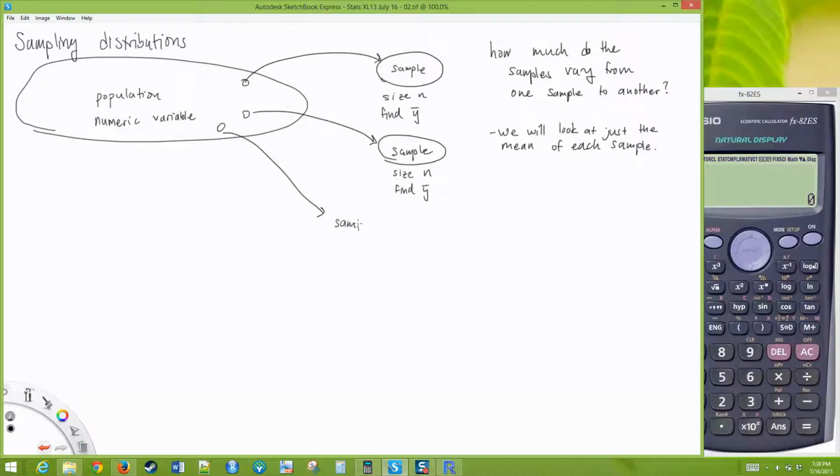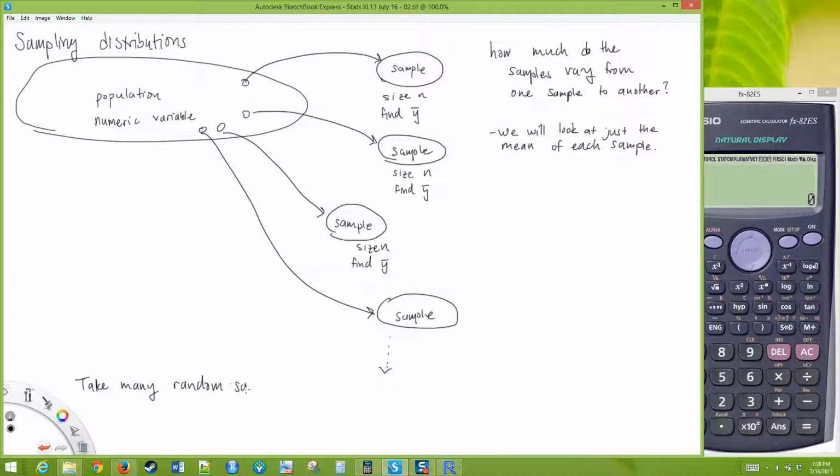And I do this again and again and again. We take many random samples from the population, and every time we take a sample, we record y bar.